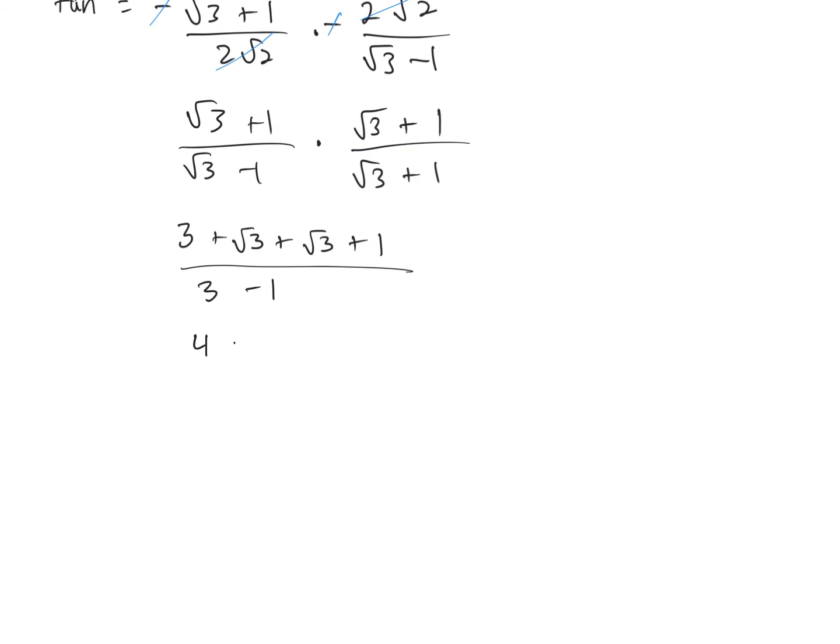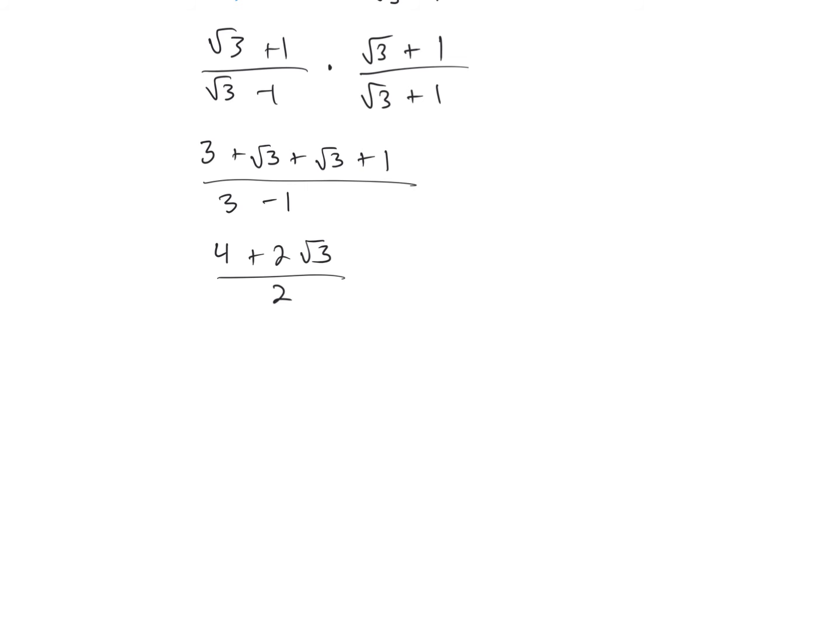Simplify, so this is 4 plus 2 root 3 over 2. Divide a 2 from everything, so then this is 2. I'm going to move that root 3 to the front. So then that is root 3 plus 2, just like that. The 2's all cancel each other out.